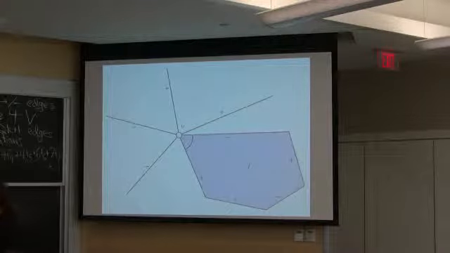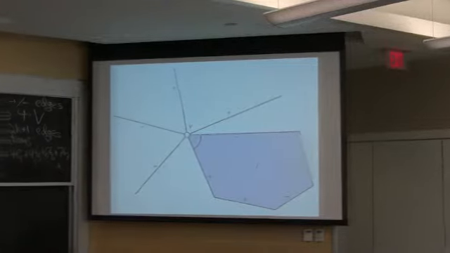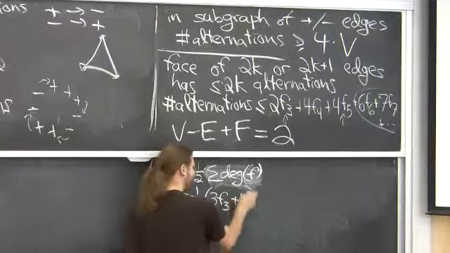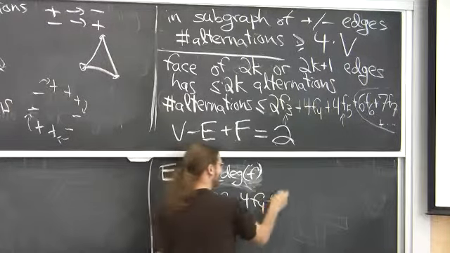So this is half the sum of the degrees of the faces. What is the degree of degree 3 faces? 3. What is the degree of degree 4 faces? 4. And so on.